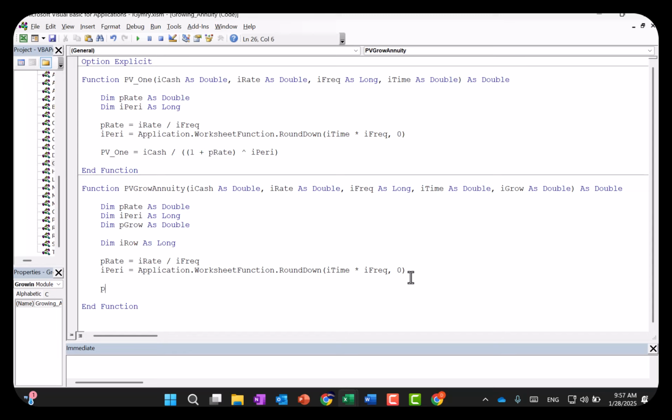Now I need to calculate my P grow. That's 1 plus I grow, that's the annual growth rate, raised to the power 1 over I freak, minus 1. So it's like if I told you effective annual rate, how would you figure out the period rate from that?